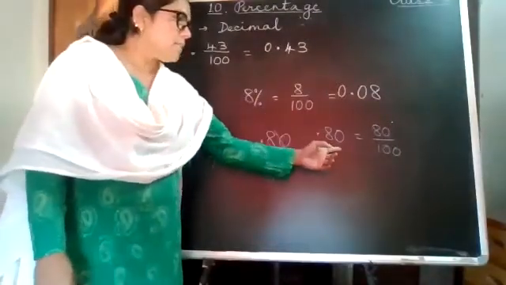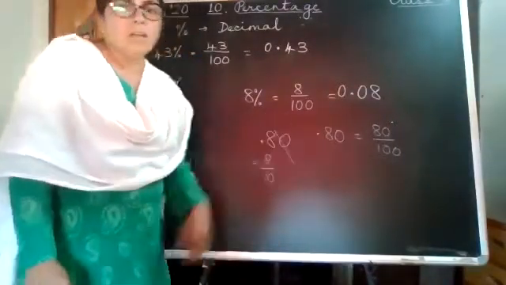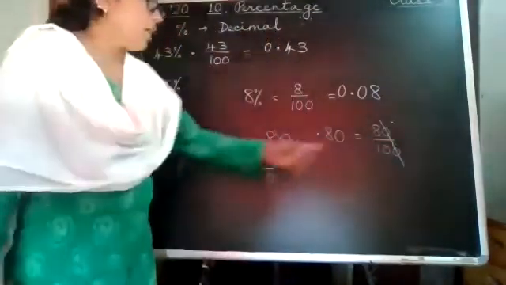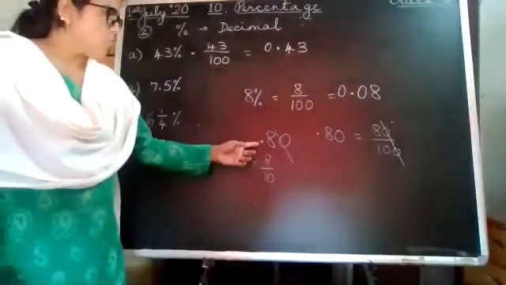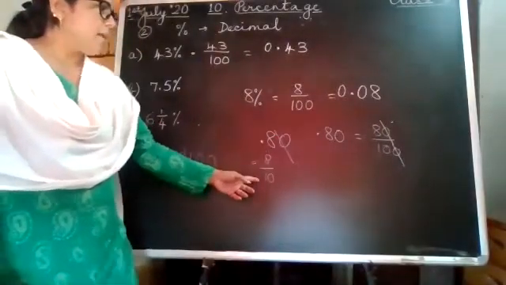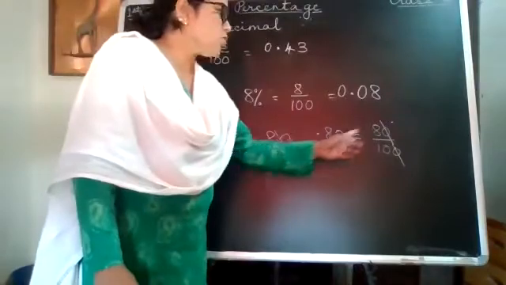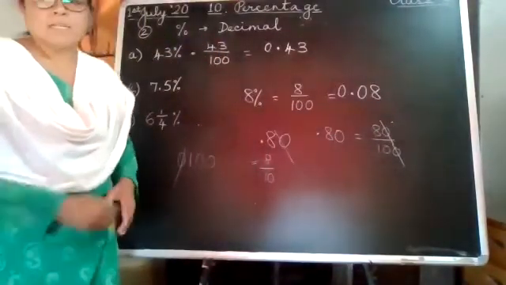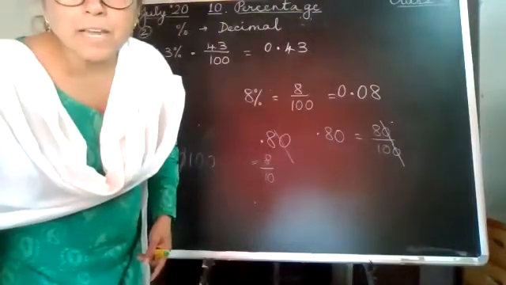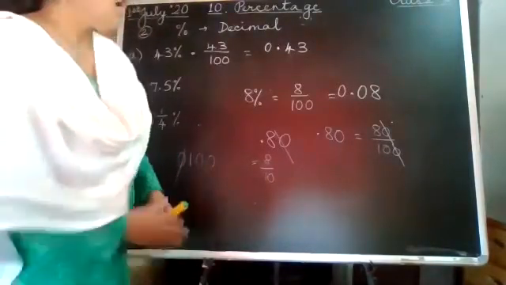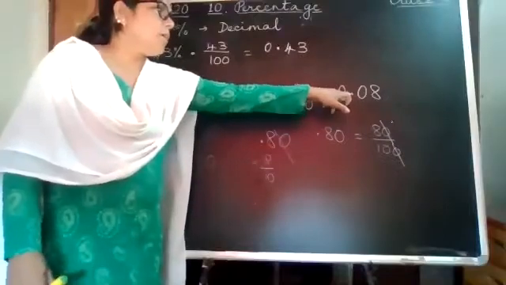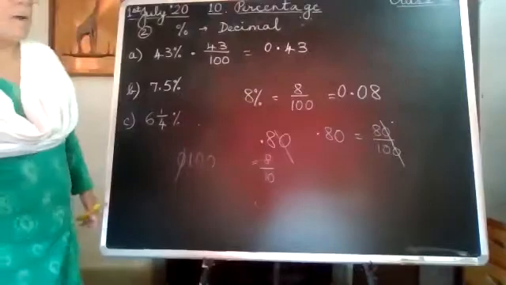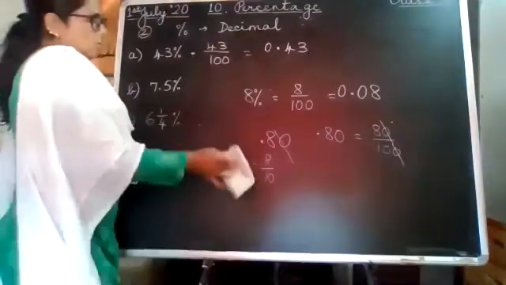And if you reduce this, both are divisible by 10, you get 8 upon 10. So 0.8 is 8 upon 10, and 0.80 is also 8 upon 10. So always remember that if you want more than 1 digit after the point, you have to put a 0 between the point and the given number. That is about 1 digit.